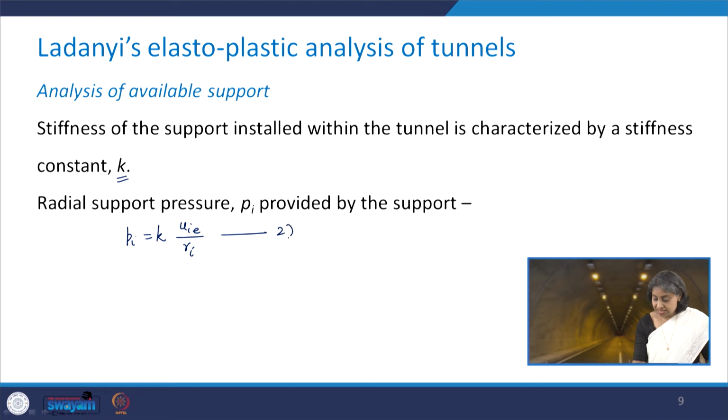I will mark this as equation number 2, and what we will get from here is Uie divided by Ri is equal to Pi upon K.